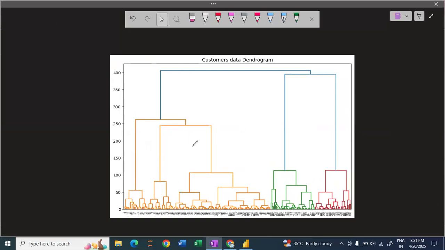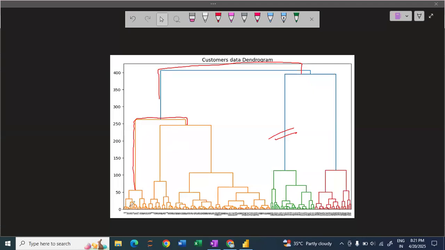Are the different colors used to signify that the clusters are disjoint, meaning they have no common data points? Yes. So basically, this blue one is connected with this segment, this side, and the orange one, this line is a parent connection with these small clusters.